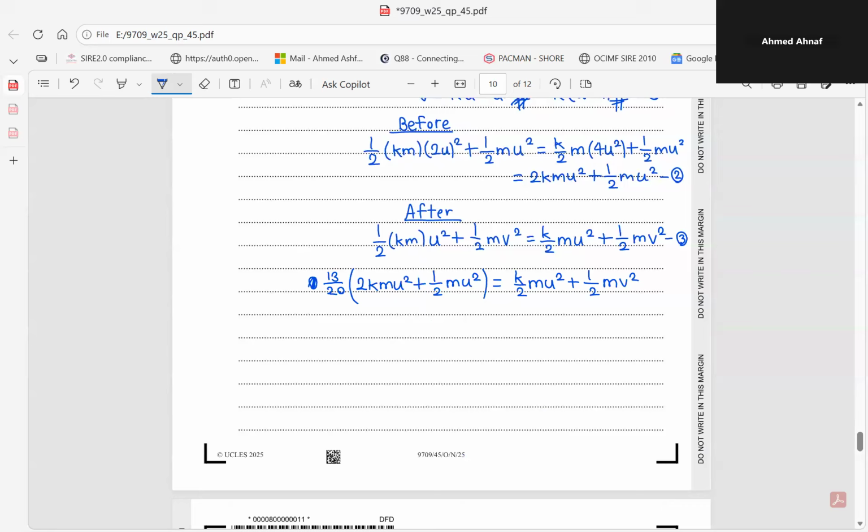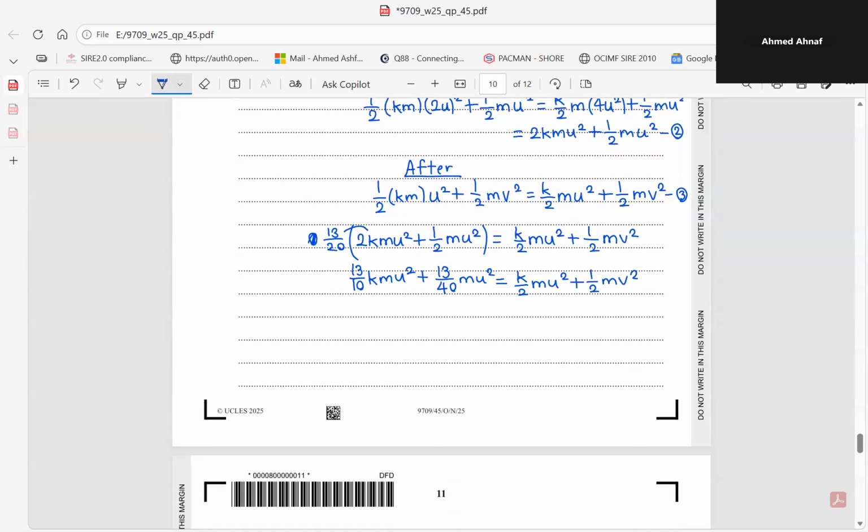Okay, so simplifying, just expand: 13 over 10 kmu squared plus 13 over 40 mu squared, equals kmu squared plus half mv squared.